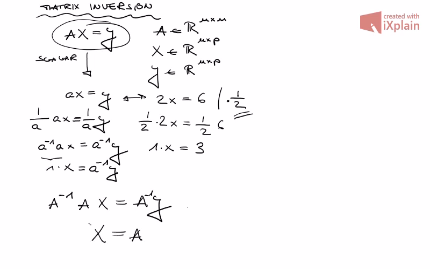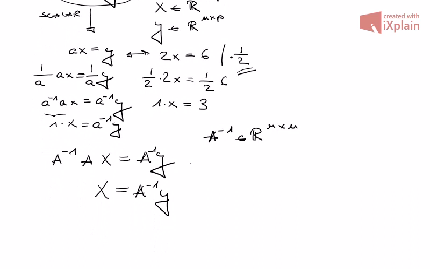Yeah. So you can compute this kind of matrix A minus 1, so that's also a matrix. It's also a square matrix, so A to the power of minus 1 is also square, n times n.